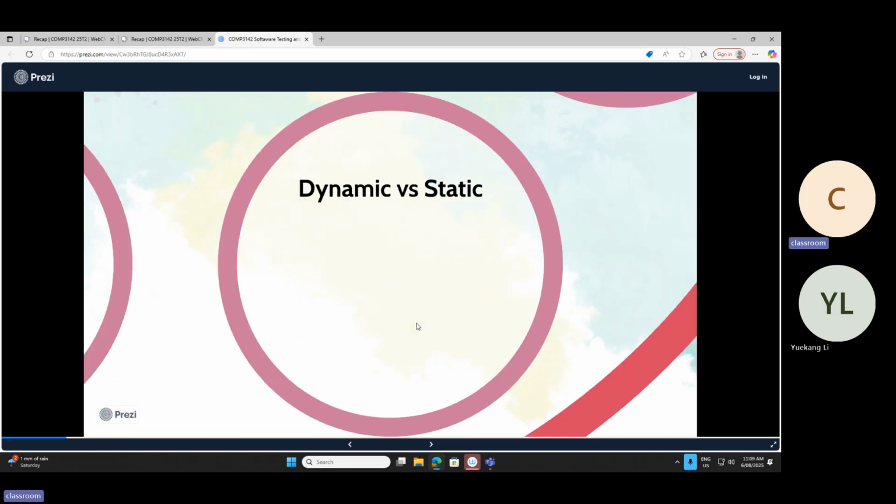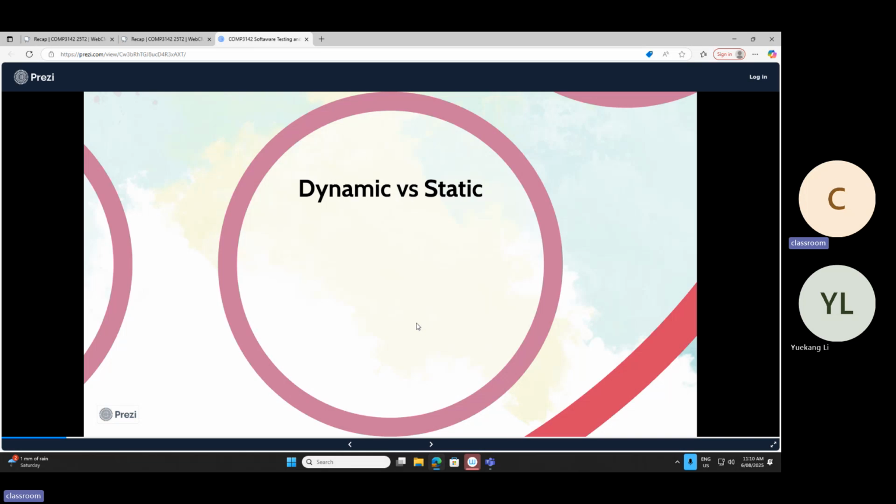Let's continue. We also learned two concepts: dynamic analysis and static analysis, right? Most of the testing techniques are static or dynamic. Can you still remember that? The fuzz testing we are doing for assignment 2, is it dynamic or is it static? It's dynamic, right?